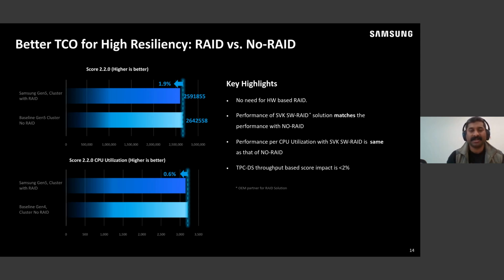You can see it in the highlights: no need for hardware-based RAID. It meets the performance, no CPU impact, and the throughput still remains under 2%. So that's what we have got in our RAID. Let's move to the next one.